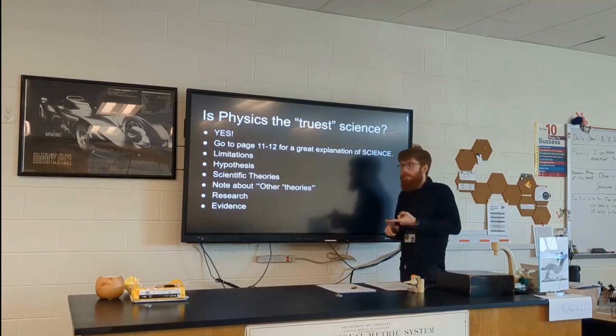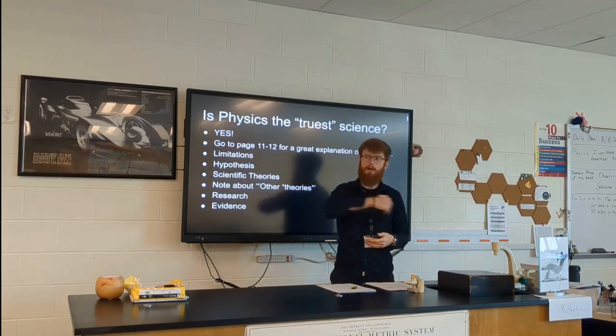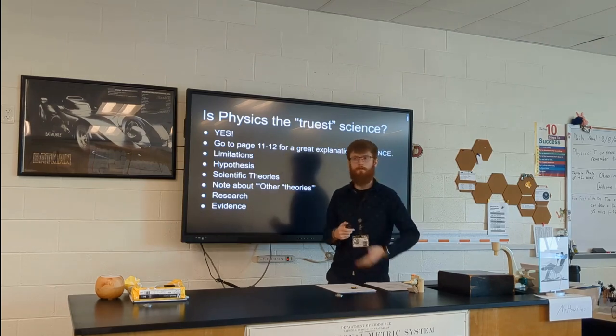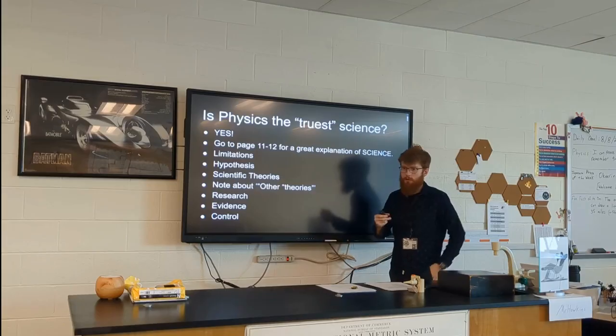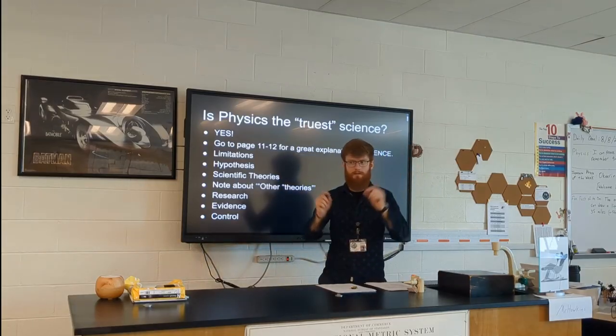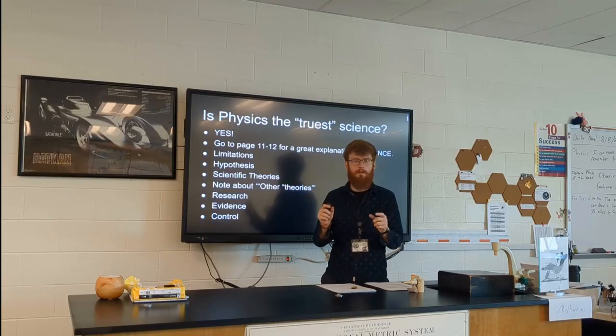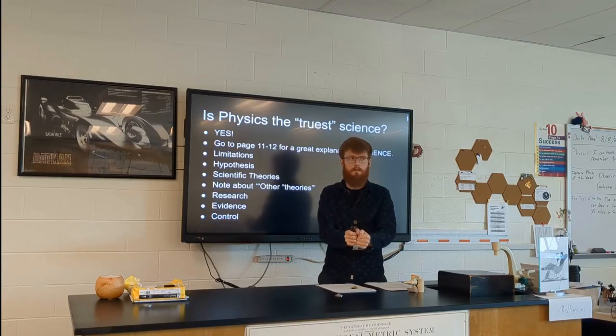In physics, it's easier to find solid evidence, either supporting your hypothesis or disproving your hypothesis. Because it's easier to control what's going on with a physics experiment, because there's only a couple things happening at once, and through some clever engineering, we can usually hold certain tidbits constant.